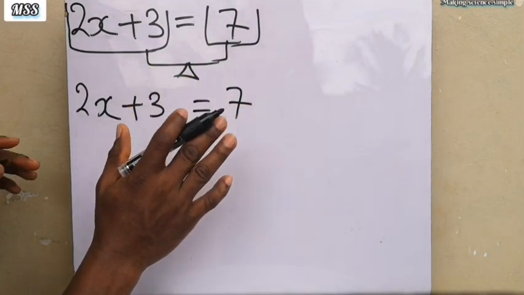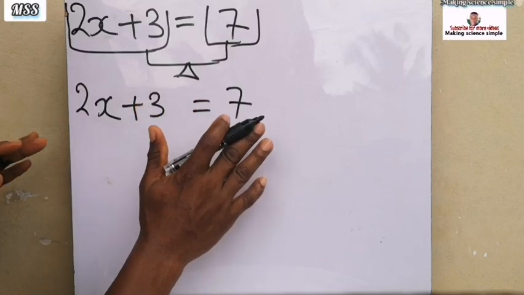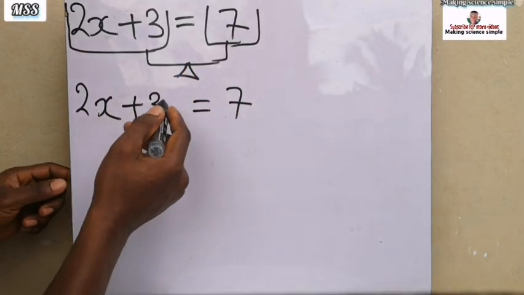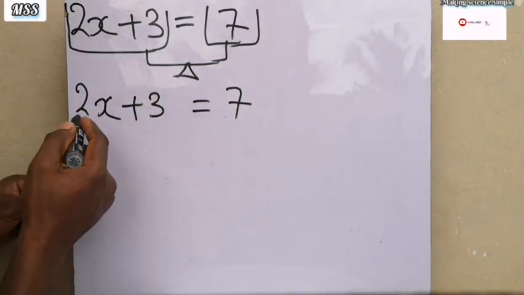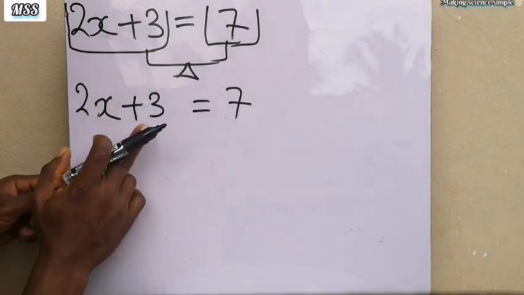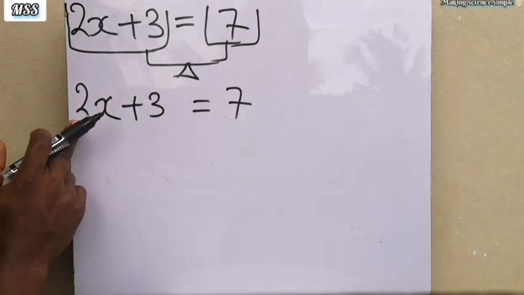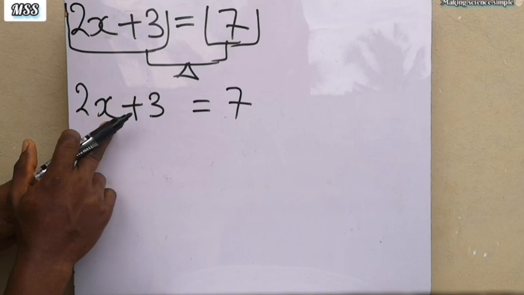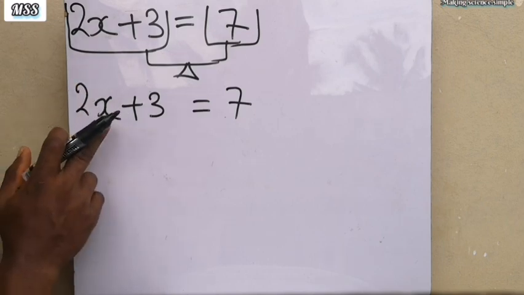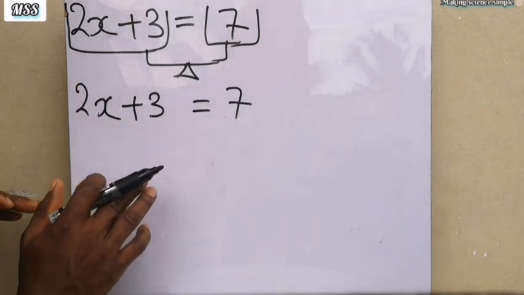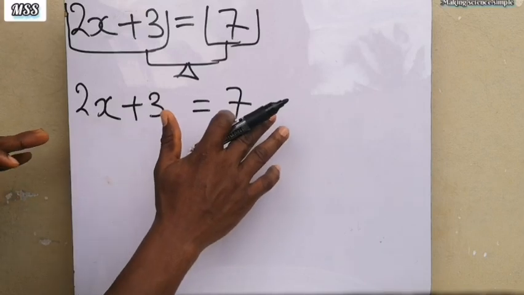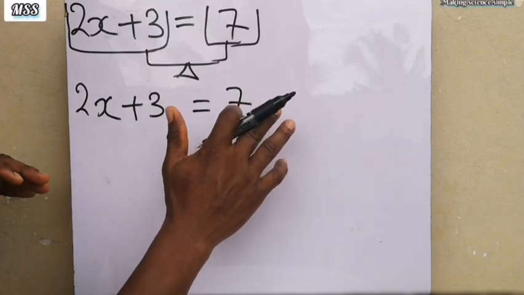We will continue to make this scale balanced as we remove all these constants that are disturbing x. So we have 3 here, and we also have 2 here disturbing x, because we want to find the value of x. And at the same time, we try to maintain this scale in a balanced form.